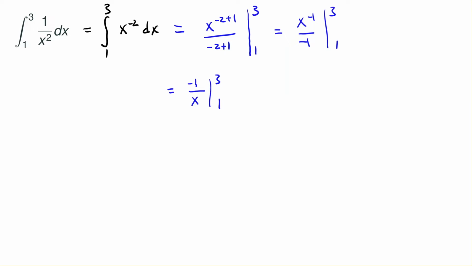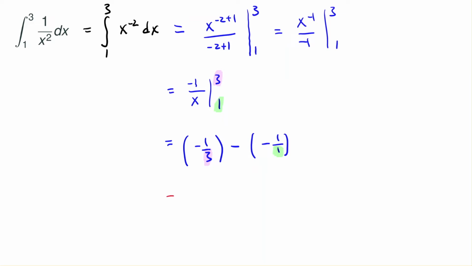Okay. So now we plug in this value and subtract what we get when we plug in this value. So let's do that. We have negative 1 over 3 minus negative 1 over 1. Again, 3 is from plugging in the upper bound first, and the lower bound 1 right here.